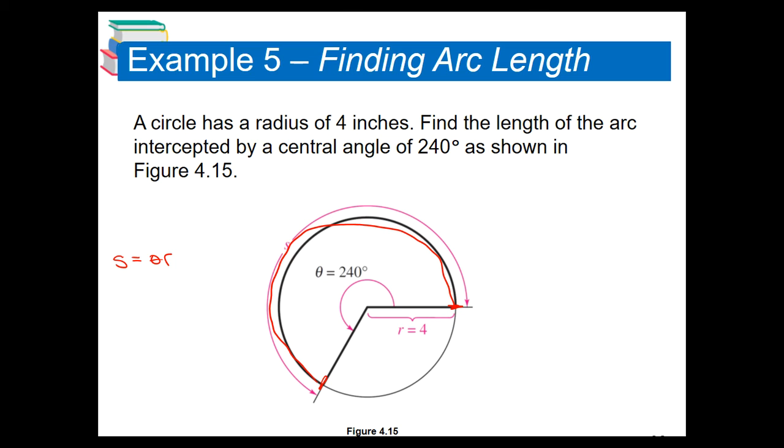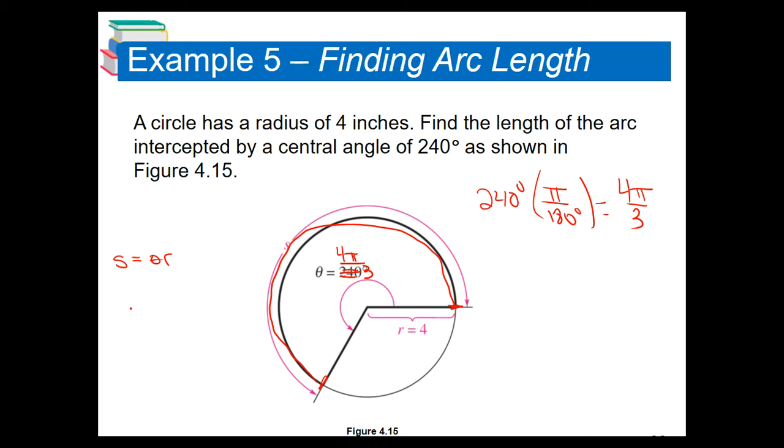Well, I can't do it in degrees, so I have to first change 240 degrees to radians. So I've got to multiply by pi over 180 degrees. 240 over 180 simplifies to 4/3, so this is going to be 4 pi over 3. So this angle, I'm not using degrees, is 4 pi over 3.